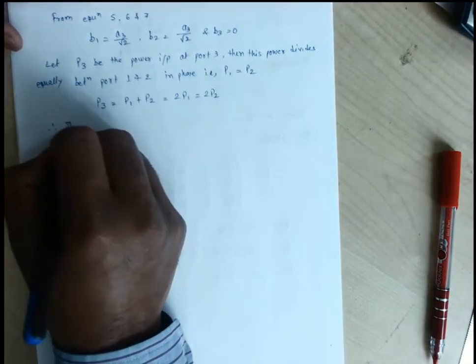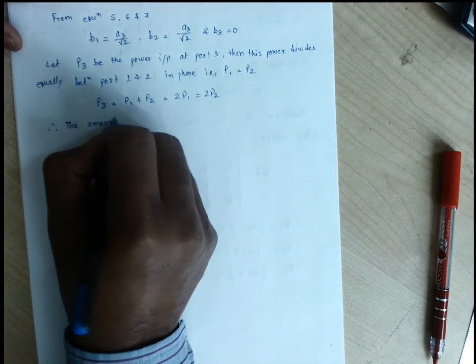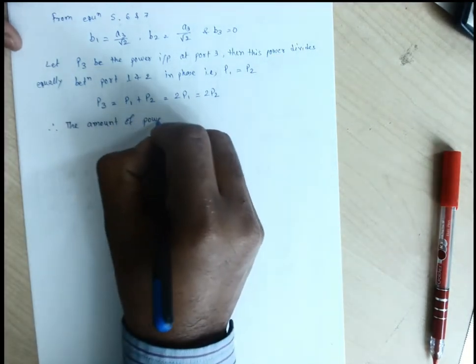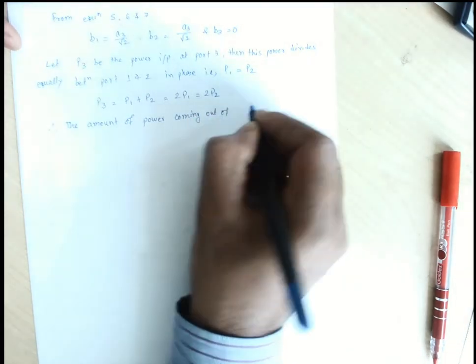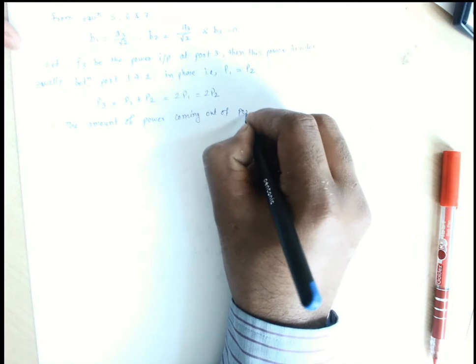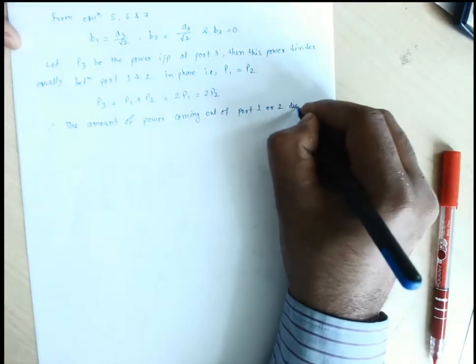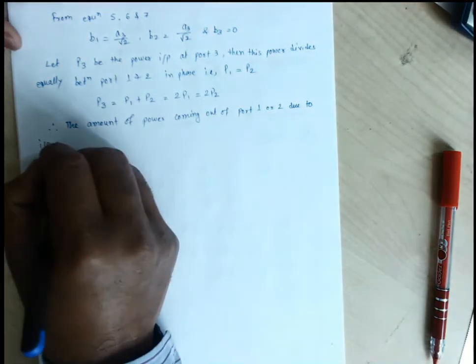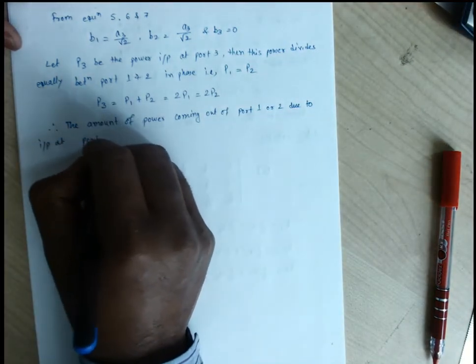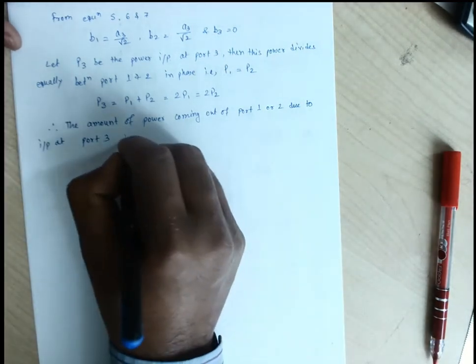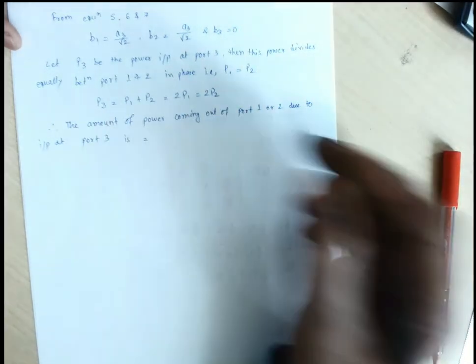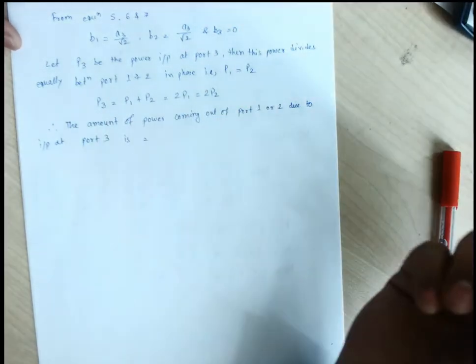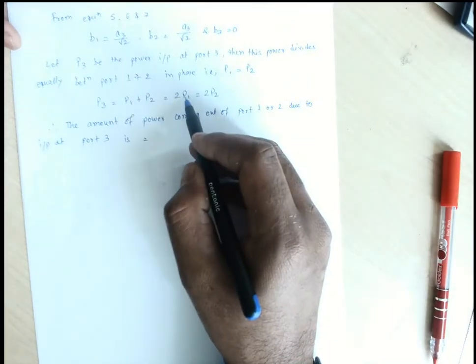Therefore, the amount of power coming out of port 1 or 2 due to input at port 3 is, out of P3 power, either port 1 or port 2 having P1 or P2.